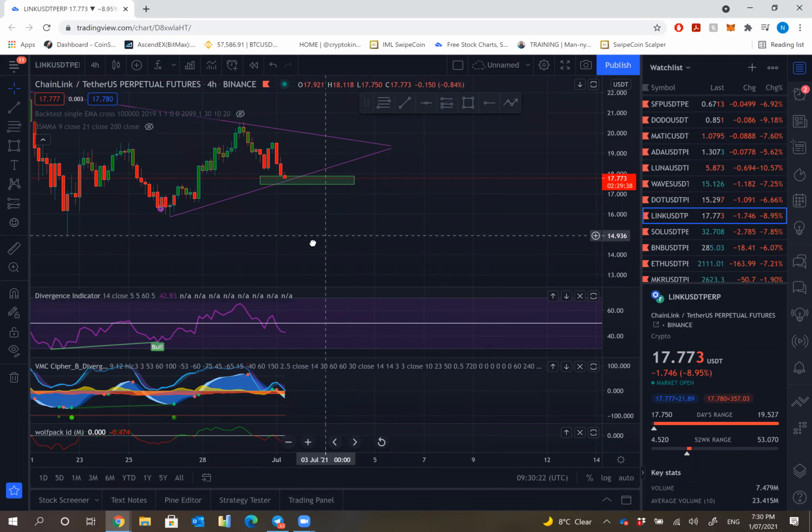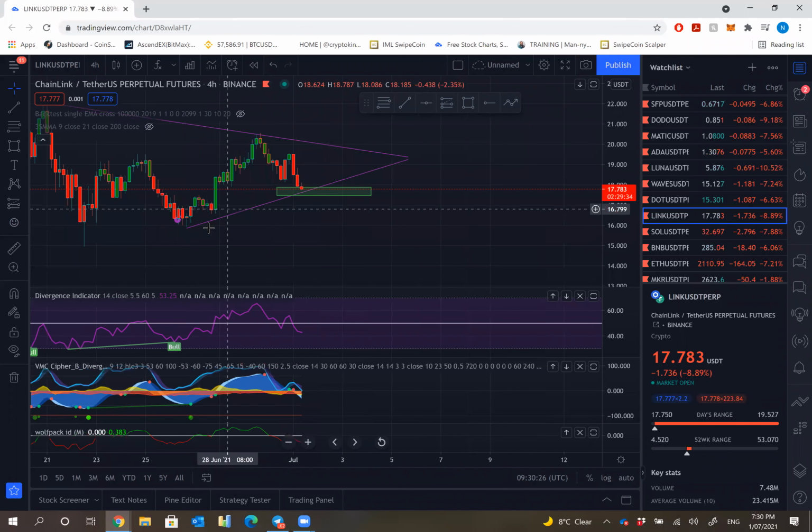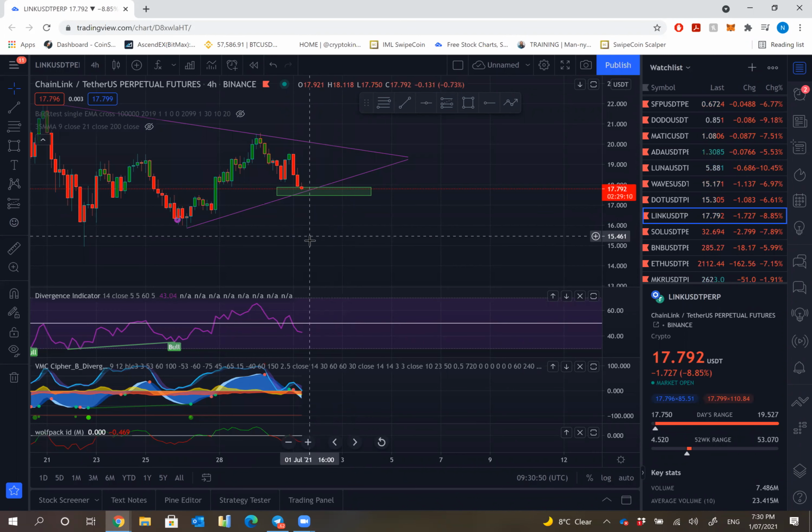You want to look at the macro trend, the overall big picture of the trade, and the micro as well. If the 4 hourly trend line is going down, you wouldn't want to set a long position and just leave it for a couple of hours. That's why I always look at the 4 hourly.